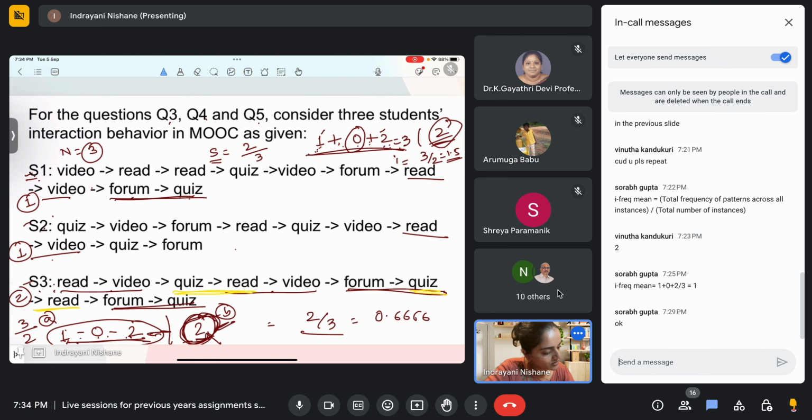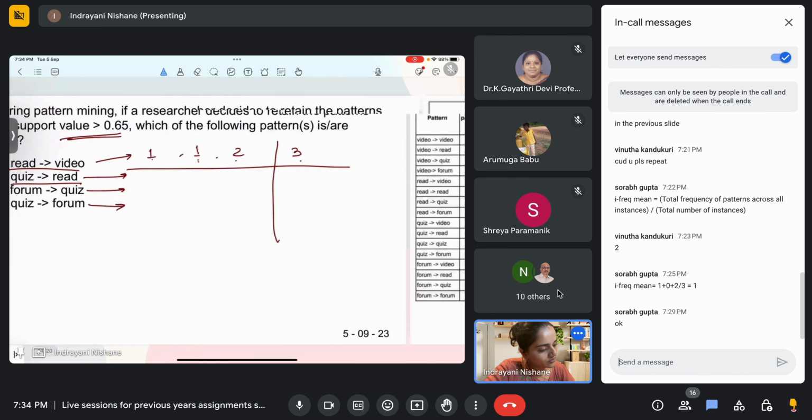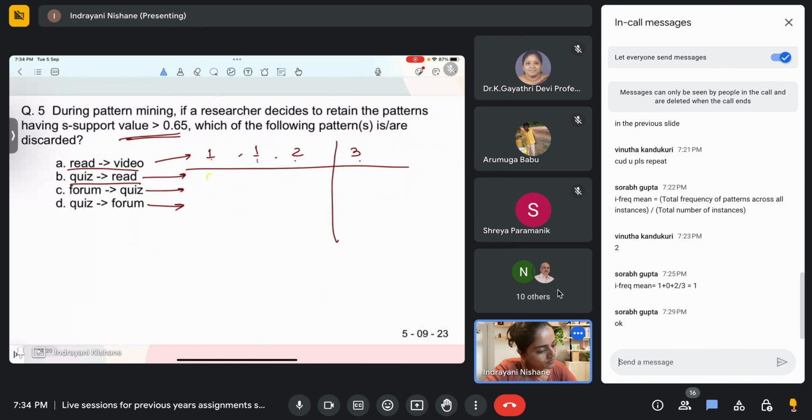So it is 0, 0, 2. Let us make a note of 0, 0, 2. Tell me for how many students this pattern is observed. 1 student. Very good.